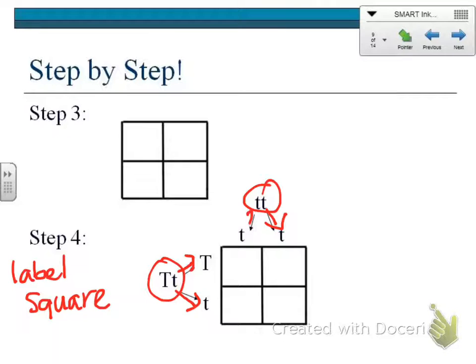For this first box, what's above it? Little t. What's to the side of it? Big T. What's our rule? What always comes first? The big one, so we would have a big T and a little t.